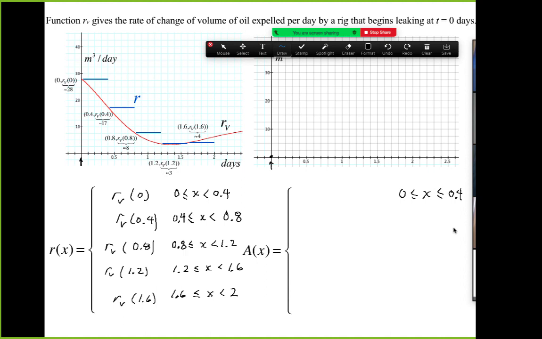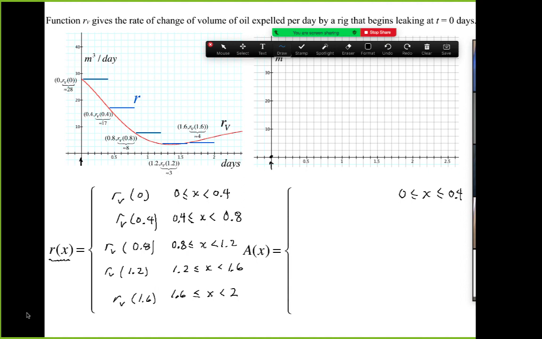Okay, so what's the accumulation of oil at this rate in the first interval? Now I got to write a rule that gets me how much oil accumulates moment by moment. So this is where the rubber meets the road.